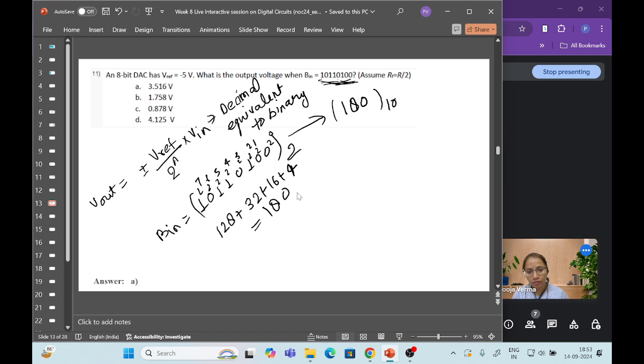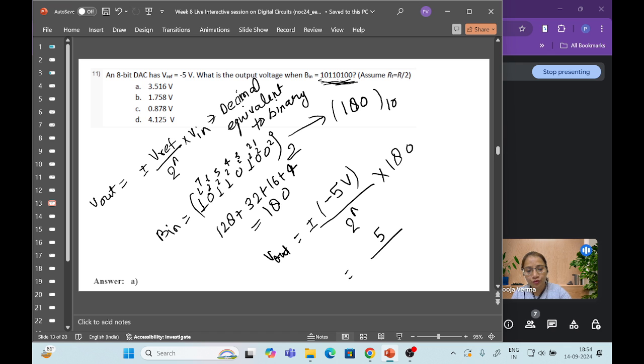Now we can put it here. V reference is given, that is -5 volt. We can take plus minus here; since the answer is given in a positive form, we take the negative, so it becomes 5 divided by 2 to the power n into 180. Here n is 8, it is an 8-bit DAC, right?